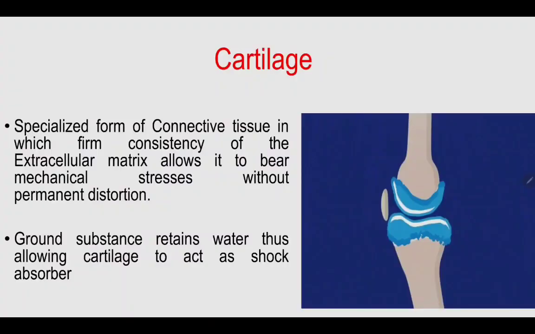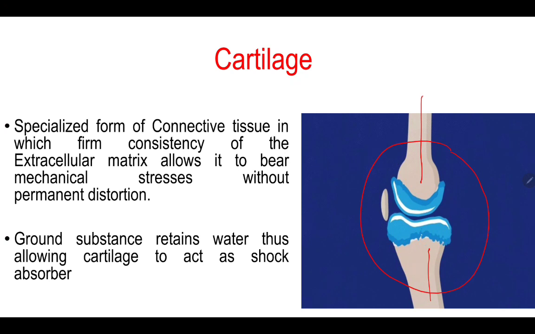So, what is the purpose of our cartilage? Cartilage is a specialized form of connective tissue which has a firm consistency. Its ground substance is able to retain water, which allows our cartilage to act as a shock absorber. Imagine these two moving; there will be friction here.